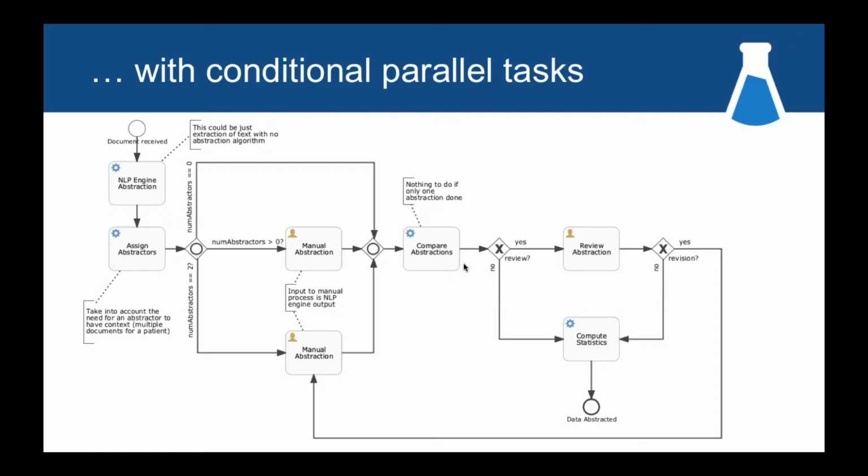And you can also have conditional parallel tasks. So the open circle diamond is an indication of an inclusive gateway in the BPMN language, which means that you test the conditions.